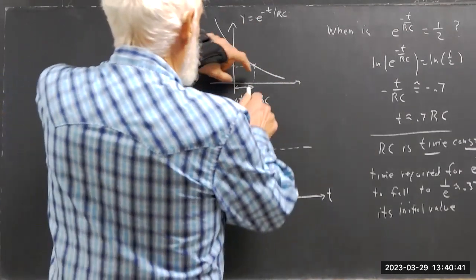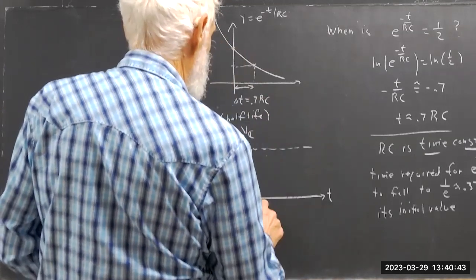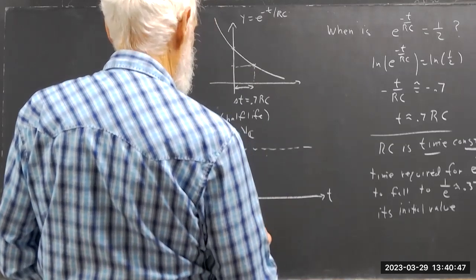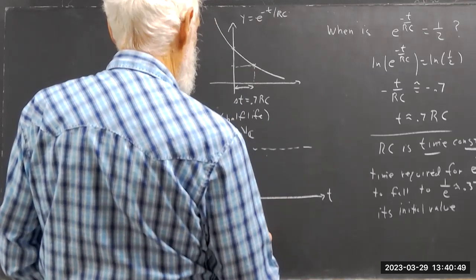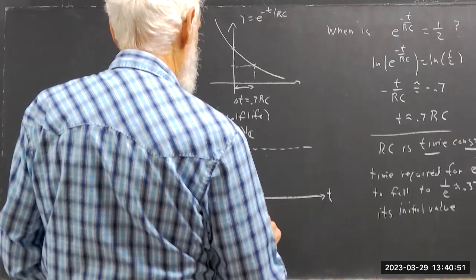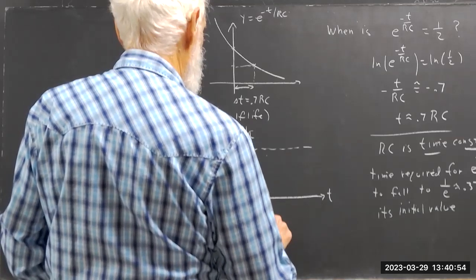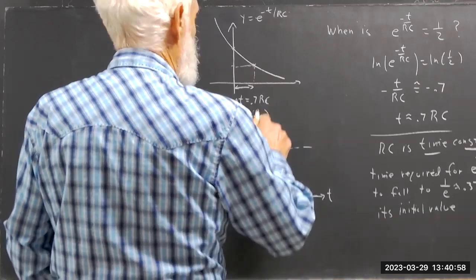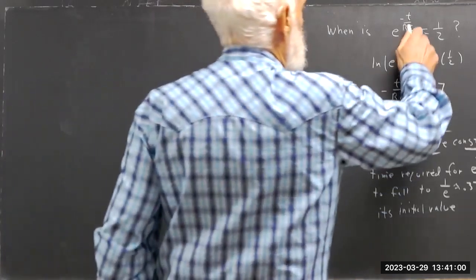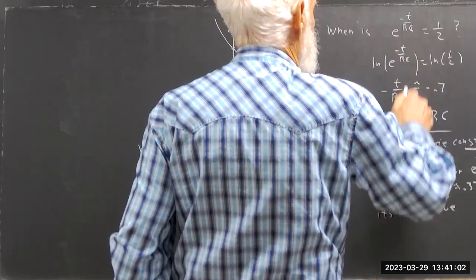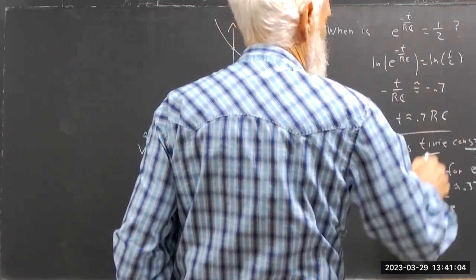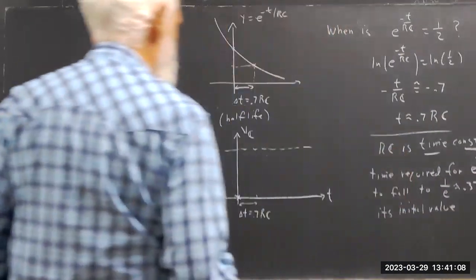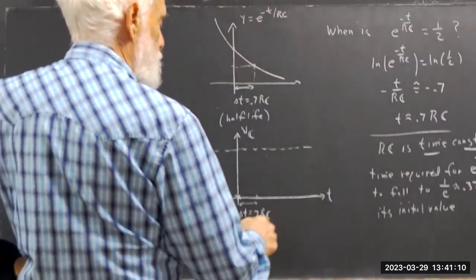Well, if the half-life is this much, there's your delta, your 0.7 RC.